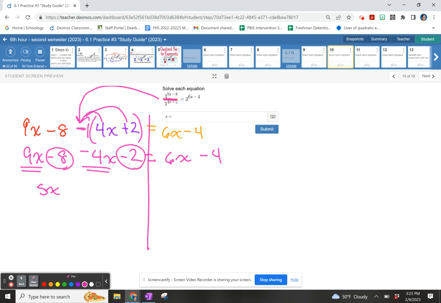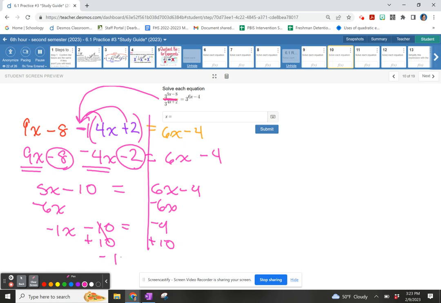Negative 8 minus 2 is negative 10. Now, once again, it becomes a problem like before where we have variables on both sides. So then we're going to minus 6x. So then you have a two-step. And then divide by -1, you have x equals -6.